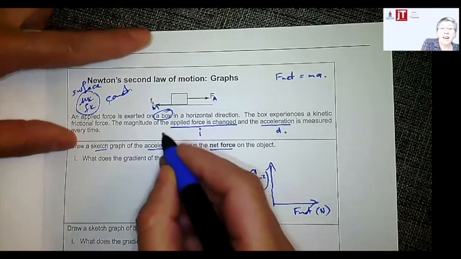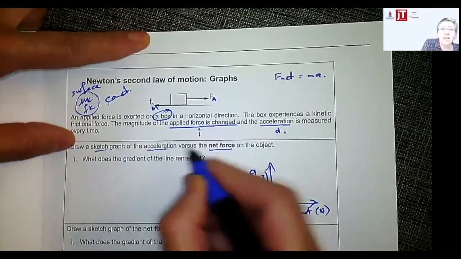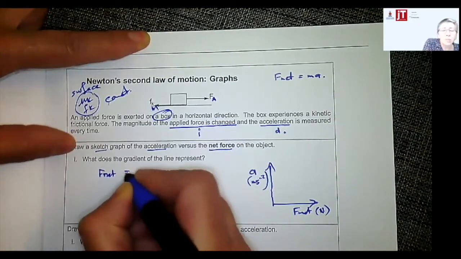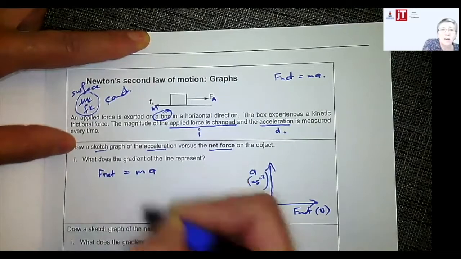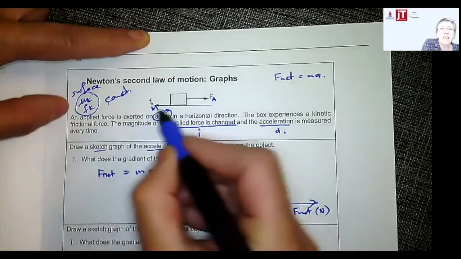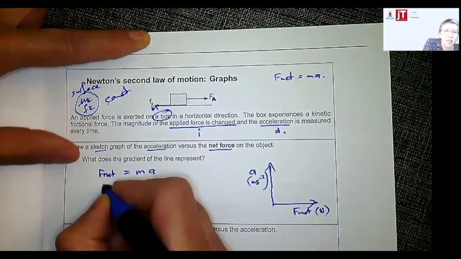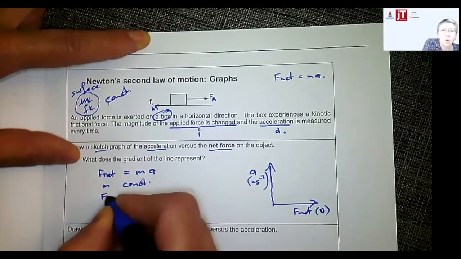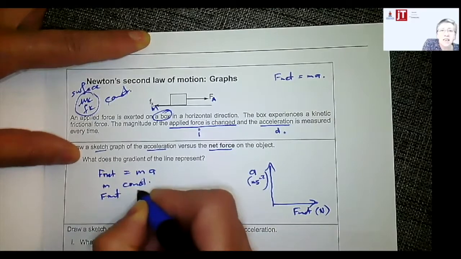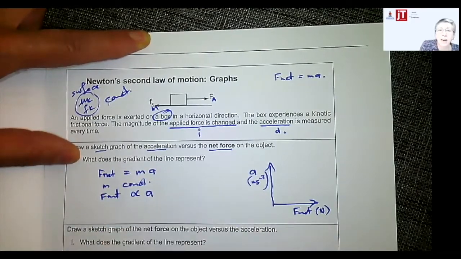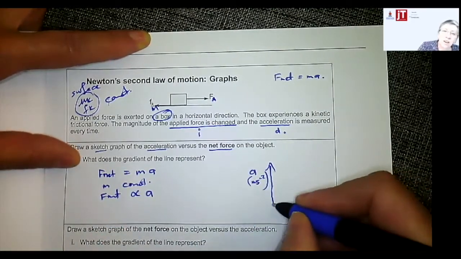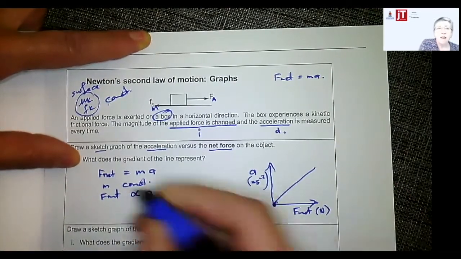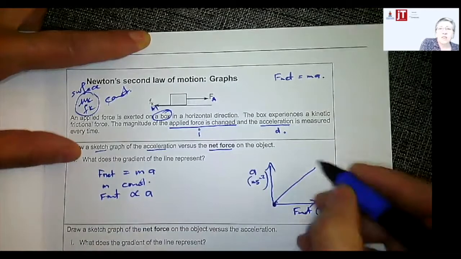Okay, so we know it's a line, but let's start and look at this. Acceleration, net force. The equation that I have that's got both of them is F net equals M times A. Yes, and we're working with a box that's telling me M is constant. And immediately I will say F net is directly proportional to A. Right, so that tells me directly proportional straight line, and it is going through the origin. Then what does the gradient of this line represent?